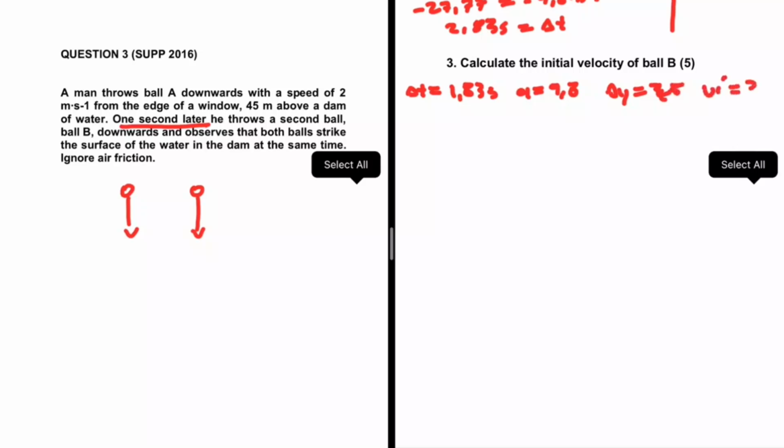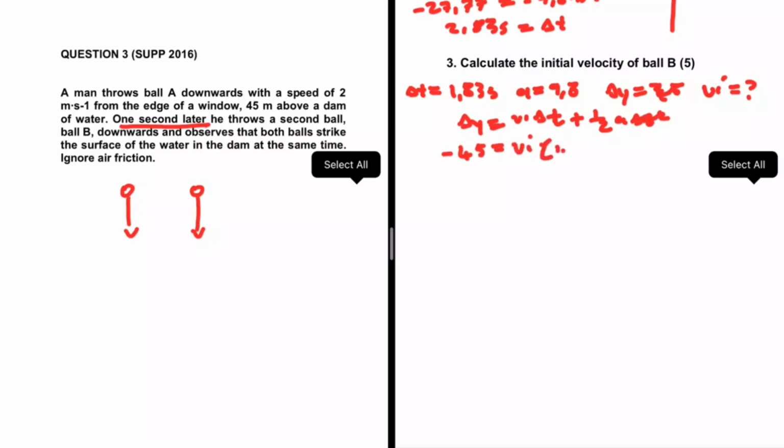With these 4 variables, we can say that delta y equals VI delta t plus a half acceleration delta t squared. So delta y will be minus 45 meters downwards. VI is what we're interested in.